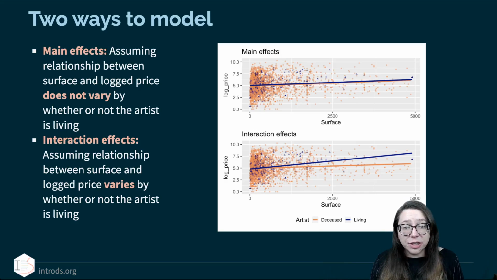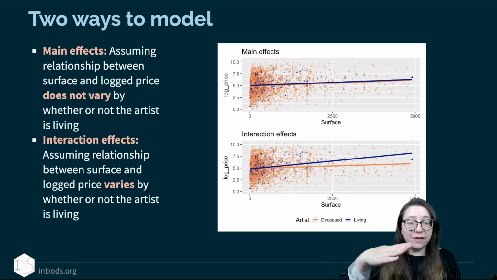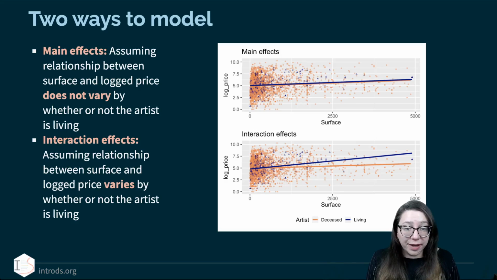In the interaction effects model, we are seeing that the purple one, so that's for the living artists, has a steeper slope, meaning that for living artists, as the surface area increases, the log price of the painting is increasing faster than for paintings by deceased artists.